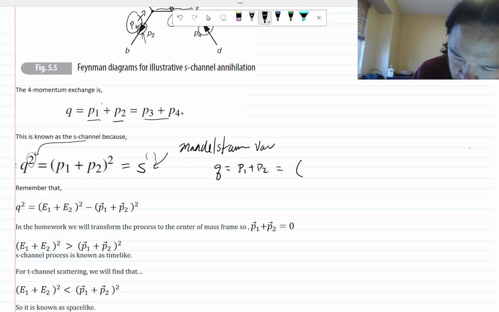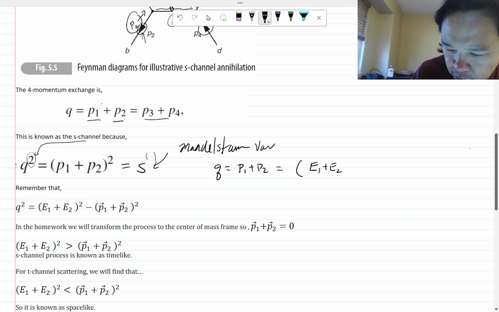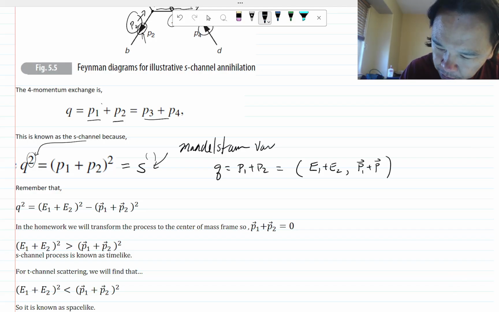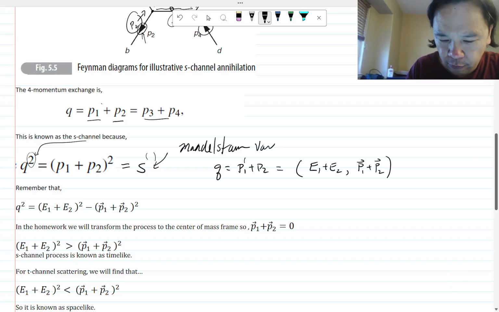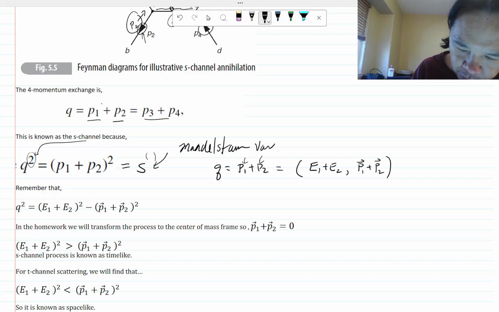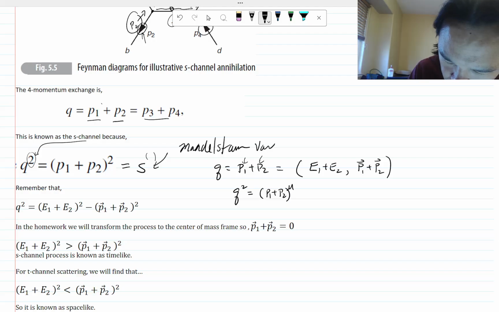That means it's equal to the energy of particle 1 plus the energy of particle 2, plus the spatial component, which is the 3-momentum of the particles. So just be careful. These are 4-vectors that you're adding, even though they just look like regular letters. Therefore, Q squared is P1 plus P2 squared, and if you write out the covariant and the contravariant like this.